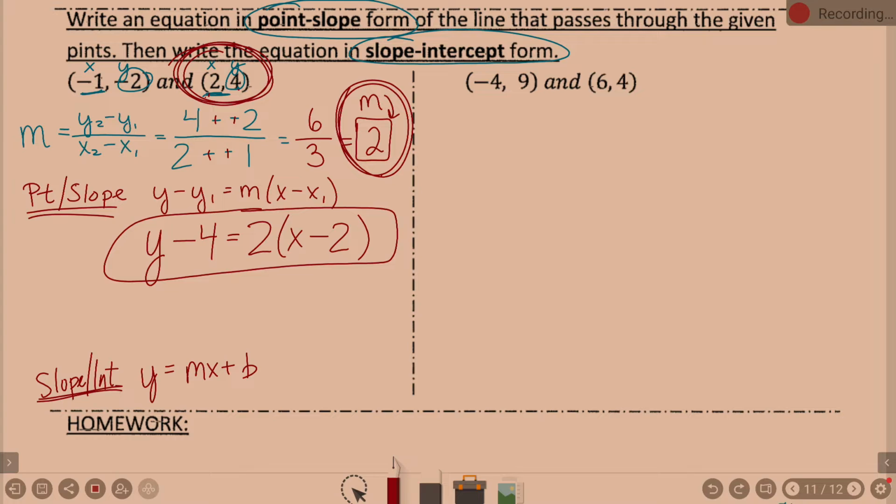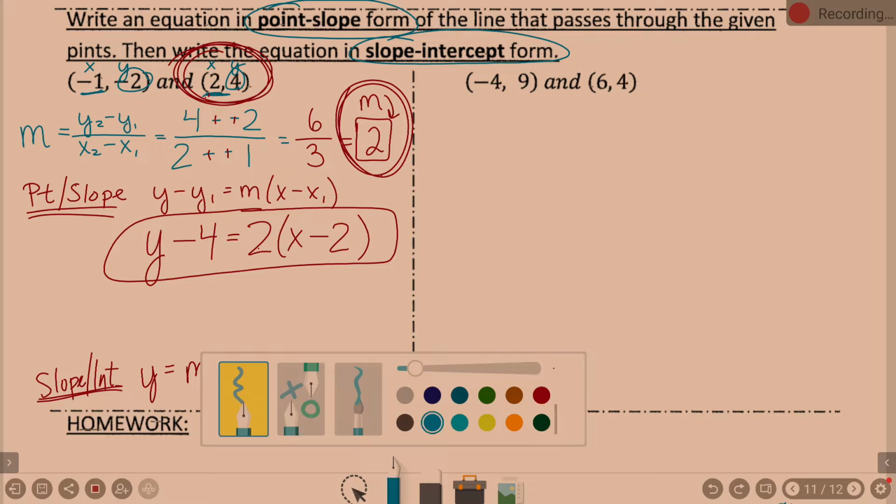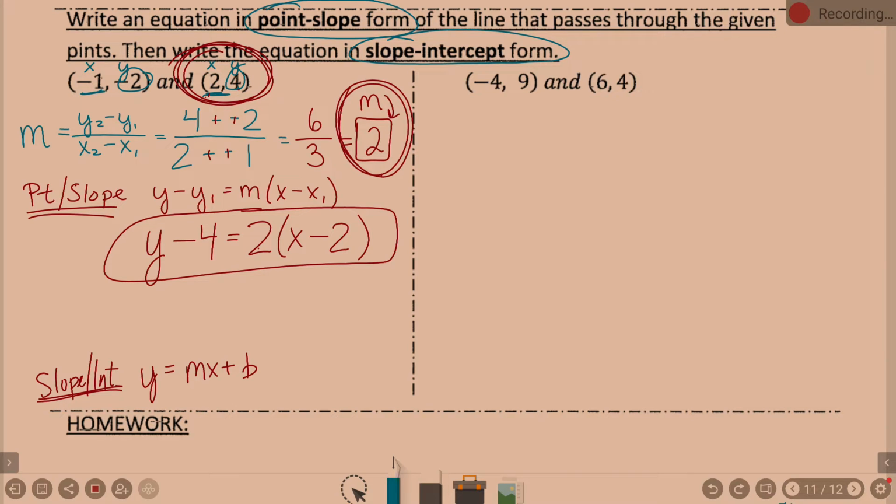But before we get y by itself, how do I move the parentheses? We take the 2, which is out in front of the parentheses, and we're going to multiply it. Distribute.